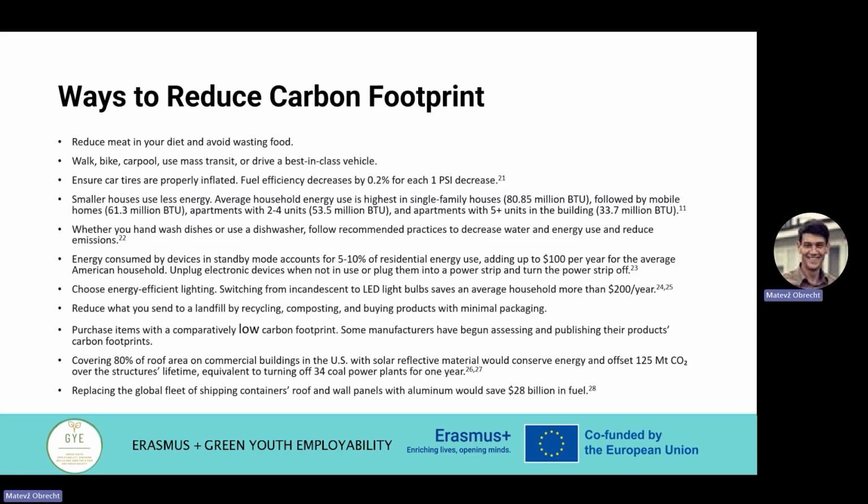Get rid of devices that use too much electricity in standby mode. You can also buy energy meters for 25 euros, so you can measure where you have the biggest energy consumption at home. Choose energy efficient lighting, for example, switch to LED bulbs.